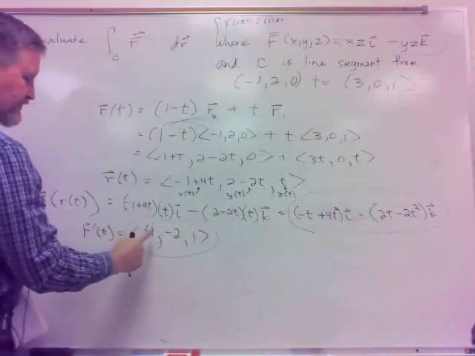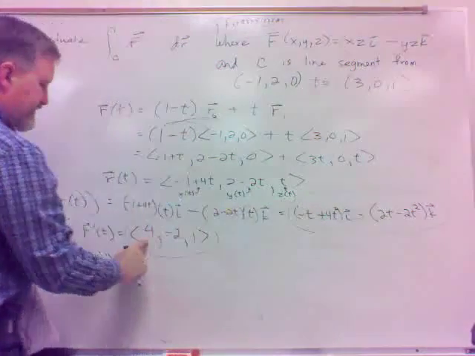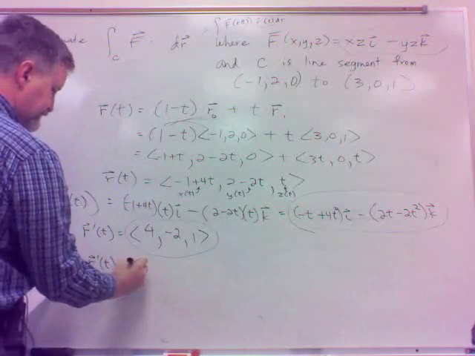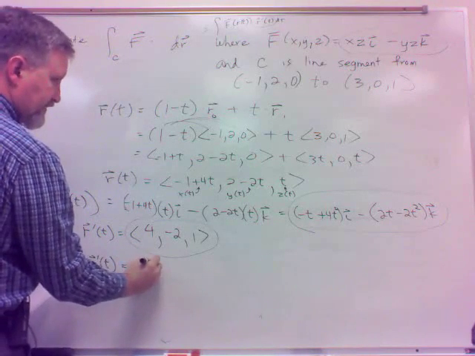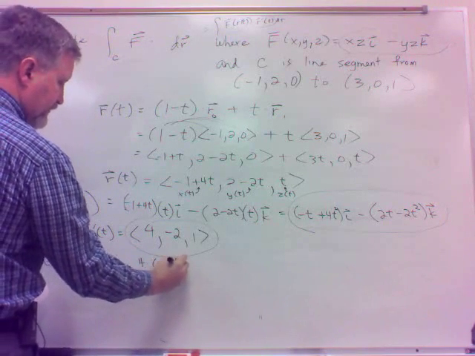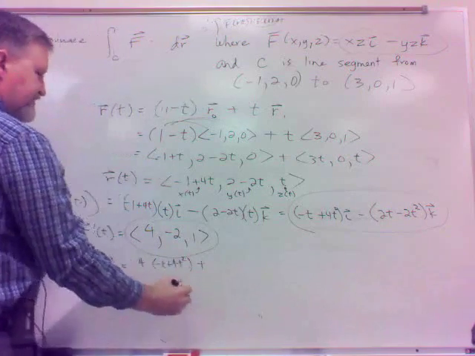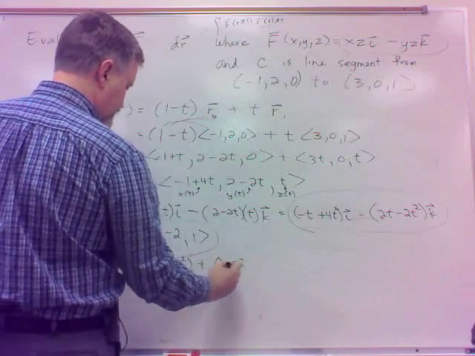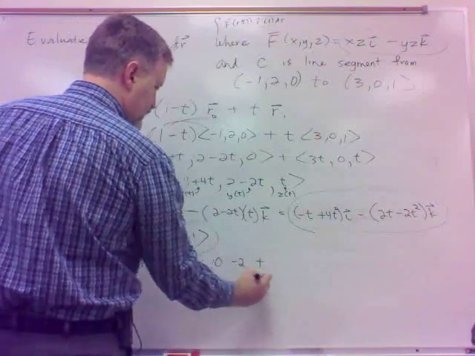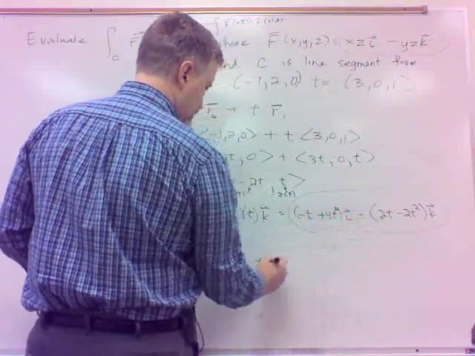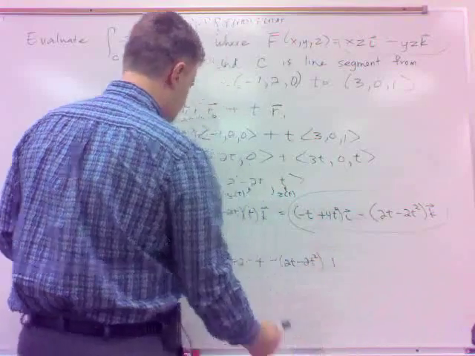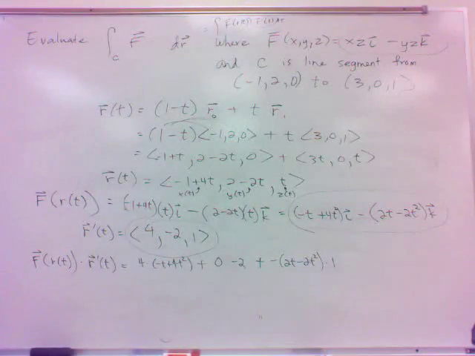So the i component is 4 times negative t plus 16t squared, the j component is negative 2 times 0, and then minus 2t squared times the k component, which is 1.